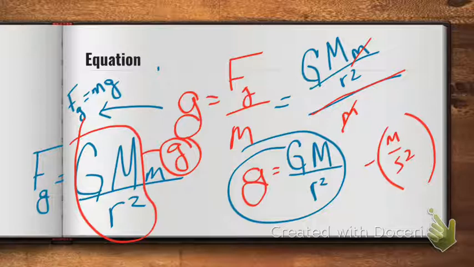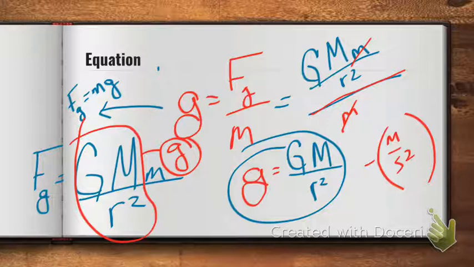So that's how we find gravity at different places. And that's also why we compare things to ourselves, because it's easy and it's what we know. When you see problems, they might ask how many g's.